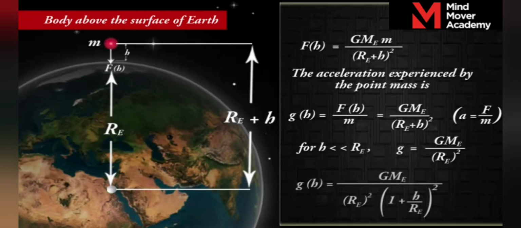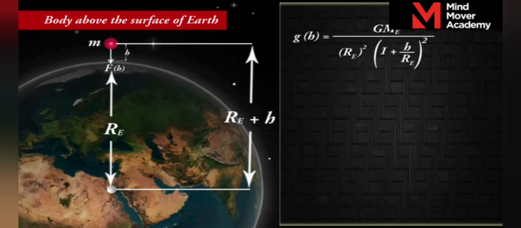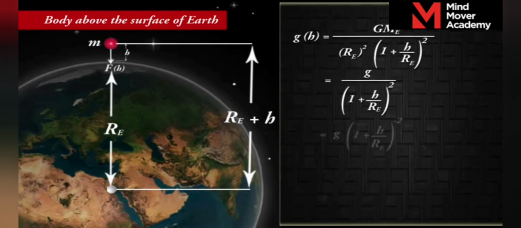So, gh is equal to G Me upon Re square into 1 plus h upon Re whole square, which is equal to g upon 1 plus h upon Re whole square, is equal to g into 1 plus h upon Re raised to the power minus 2.